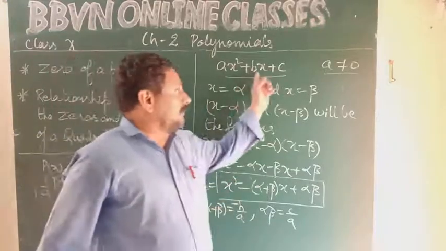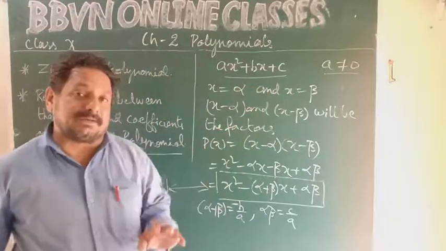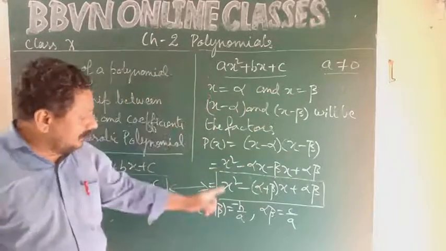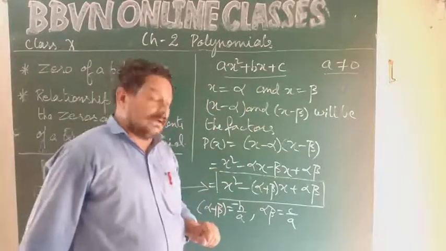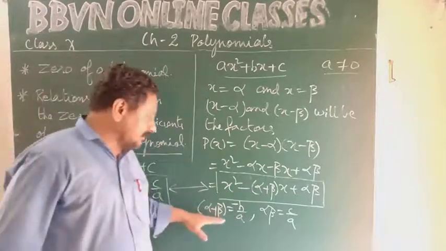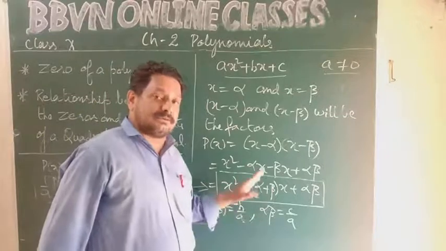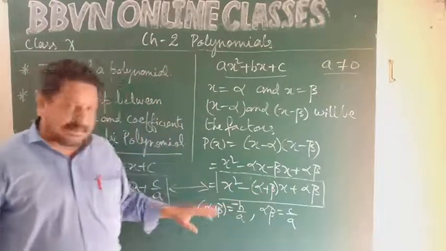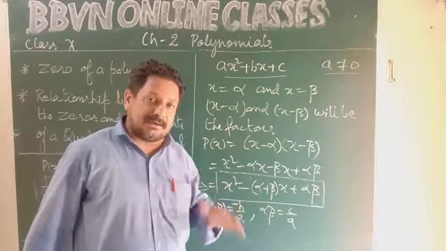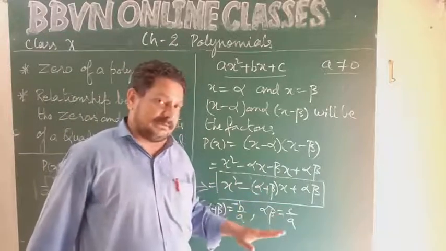And in a quadratic polynomial, what is b? The coefficient of x. What is c? The constant term. What is a? The coefficient of x square. So here we can see a relationship between the zeros and the coefficients of this quadratic polynomial. Alpha and beta are the zeros, a and b are the coefficients of x square and x respectively, c is the constant term.